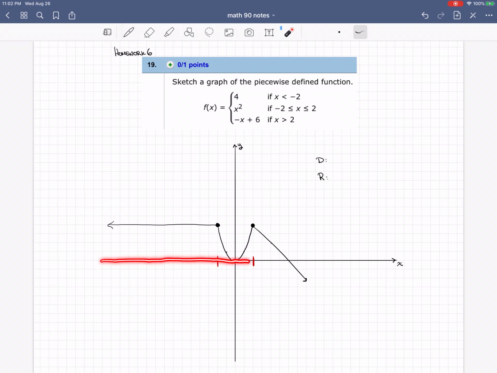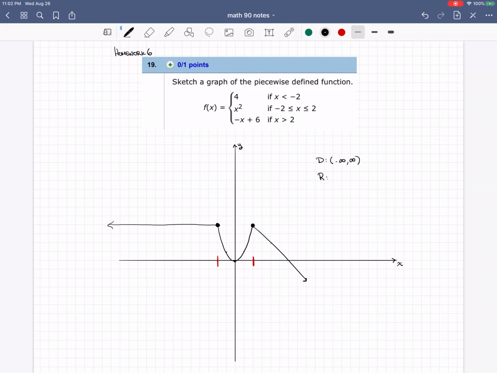The answer is no. It just keeps on going. Now, we only drew the graph out to here, but remember, this graph extends onwards forever this way. So even though you don't see a point for x values here, they're there, we just didn't bother graphing the graph. All right, so the domain in this case is all real numbers.